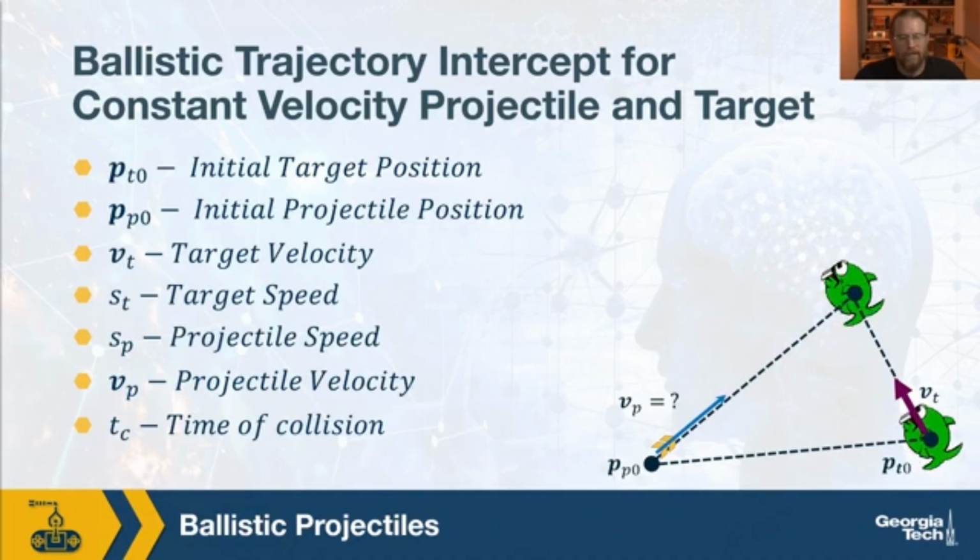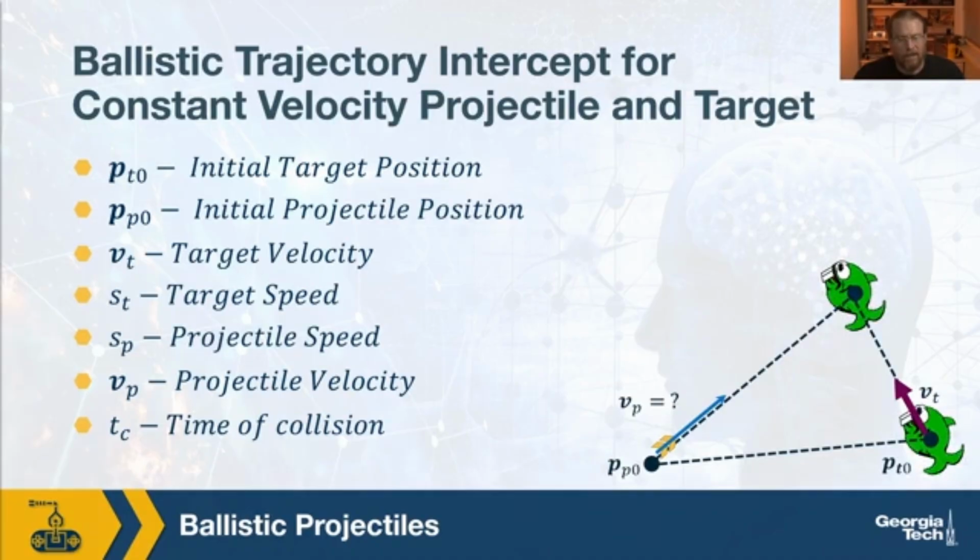All right, so some variables. We have initial positions for both the target and the projectile, because both of them are moving. This is only going to be true for the very first part of the motion and the ultimate intercept. We also have a known velocity for the target. That's a constant velocity, so no acceleration. There's the target speed as well, which is the magnitude of the target's velocity.